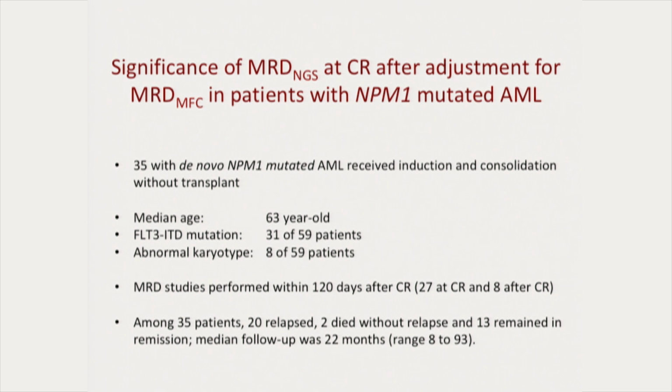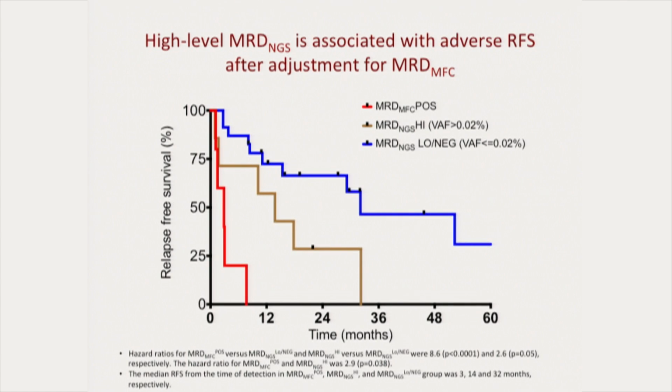The MRD study was performed at the time of CR or within 3 months after CR. Out of these 35 patients, 20 relapsed, 2 died without relapse, and 13 remained in remission, with a 22-month median follow-up.